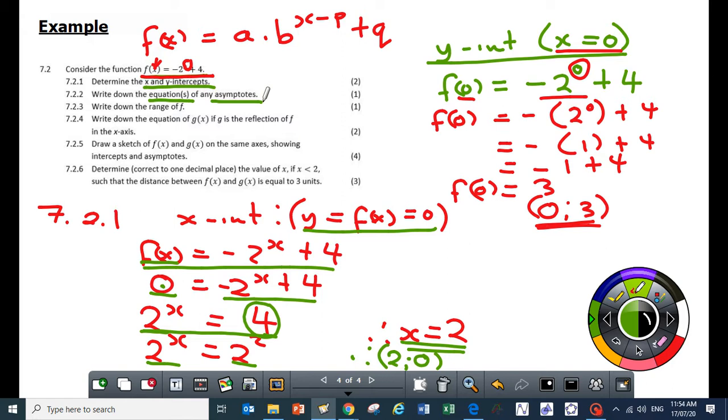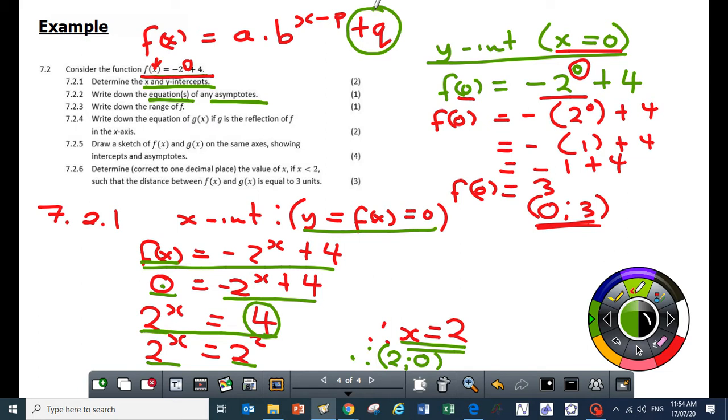So I want you to pay attention very, very carefully for question 7.22. Now, because an exponential function has only one asymptote, okay, it means we are only supposed to write one equation. And an exponential function has a horizontal asymptote, which is given by that plus q.